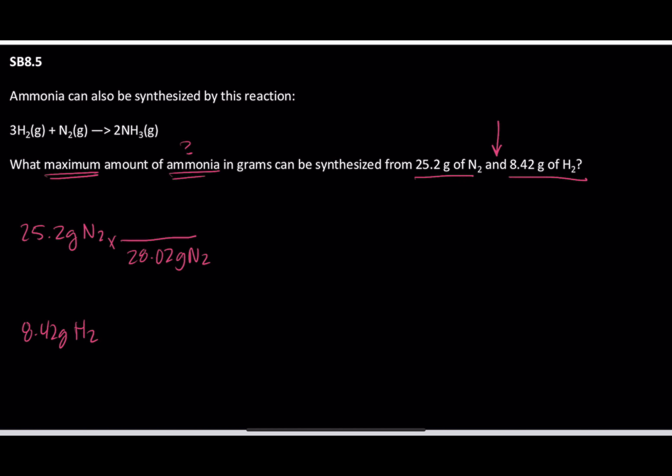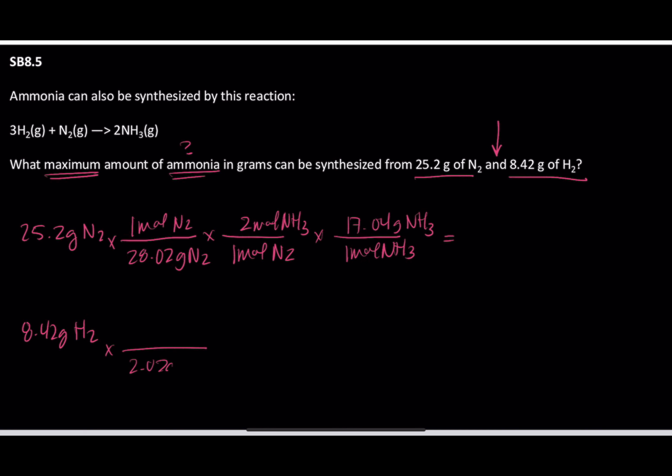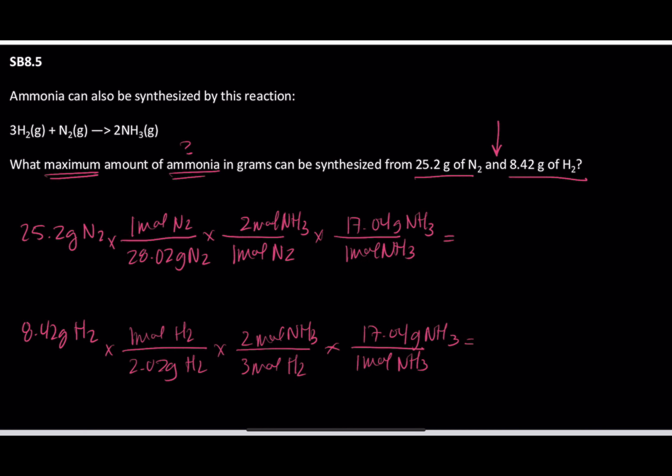So in this case, we're going to take our nitrogen, convert it into moles, and then do a mole ratio to get from nitrogen to ammonia, because mole ratio is the only way to do that, and then we'll do molar mass of ammonia. Likewise, we'll repeat the same series of steps for hydrogen, the goal being to calculate which of these makes the least total amount of ammonia, which will help us pick a limiting reactant.